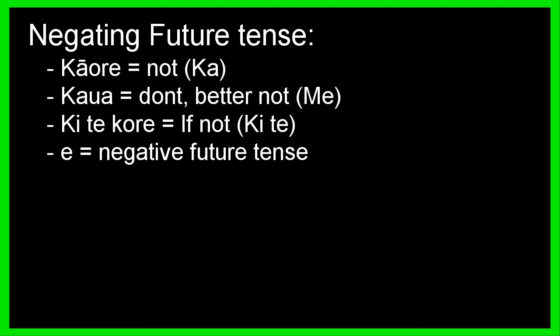For ki te, we use ki te kore, which means if not. The tense word to use in all future negative sentences is e, as in the following.